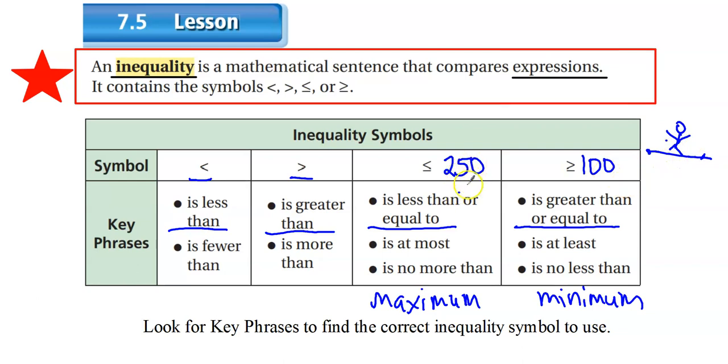Now, the maximum weight is for safety reasons as well, because if you weighed over a certain amount, the cables maybe couldn't hold that weight. It's potential that the cables could break. So for safety reasons, there is a minimum weight and a maximum. So I want you to think about those words that go with at least and at most.